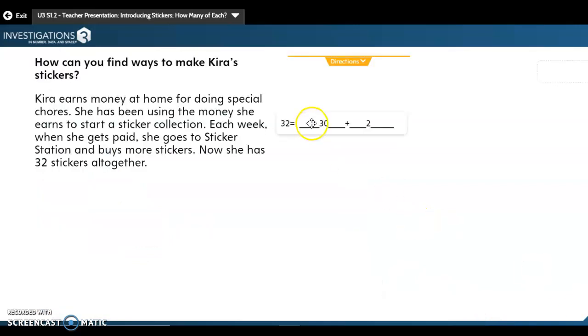So we could show this problem as 32 equals 20 plus 12. 32 equals or is the same as 20 plus 12.